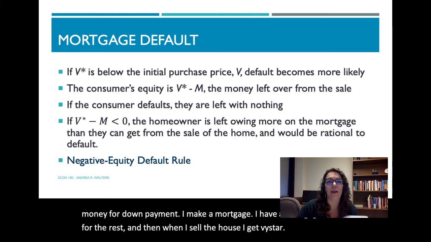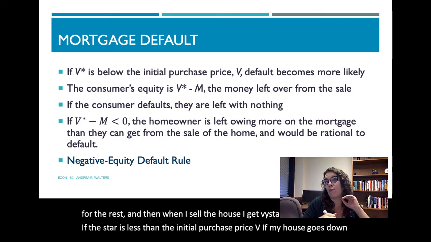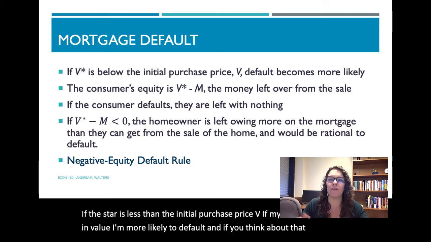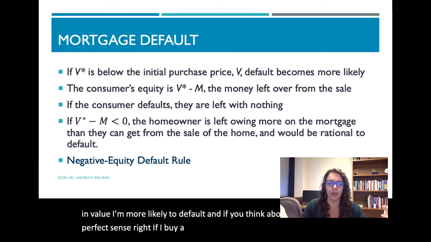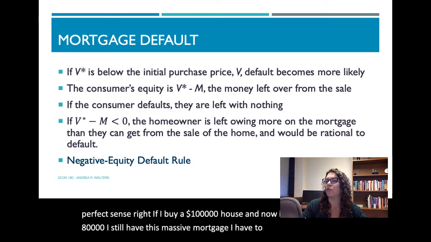So if V star is less than the initial purchase price V, if my house goes down in value, I'm more likely to default. And that makes perfect sense, right? If I buy a $100,000 house and now it's only worth $80,000, I still have this massive mortgage to pay off, and the house isn't even worth that much.